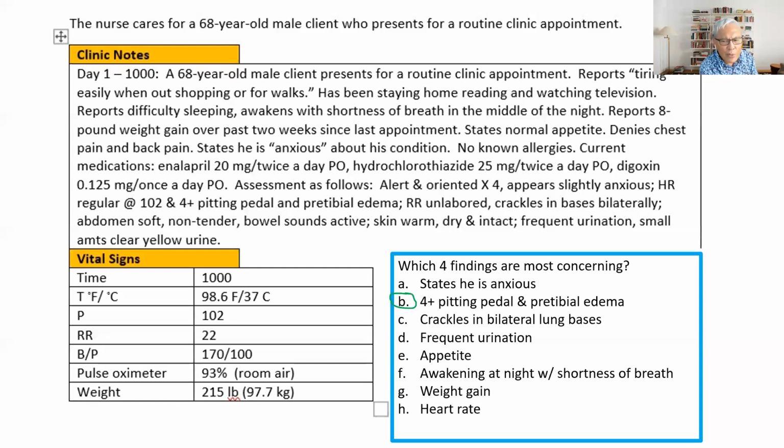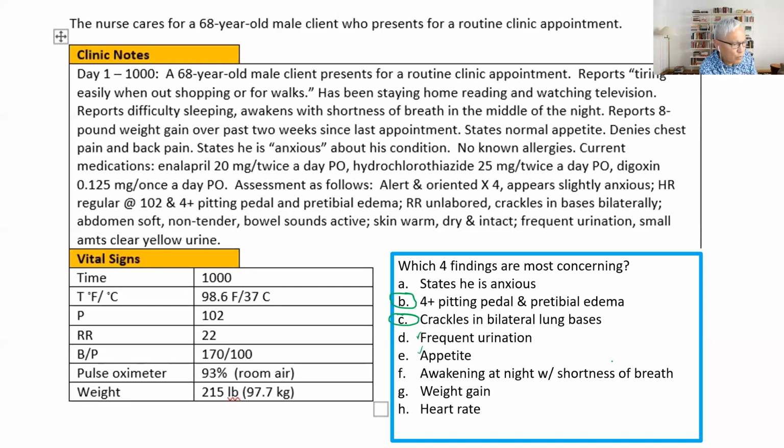How about the crackles? Would you be concerned? Yes. Okay. And remember, we have to only use 4. So frequent urination also, yes, but that's not going to be something serious, right? Appetite, nobody will die as a result of just a decrease in appetite.